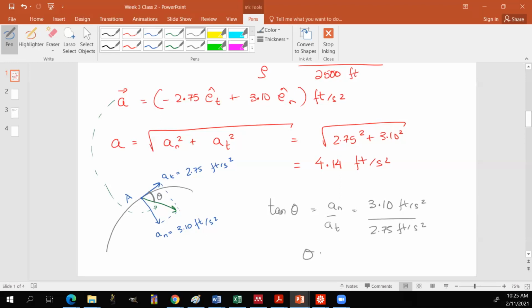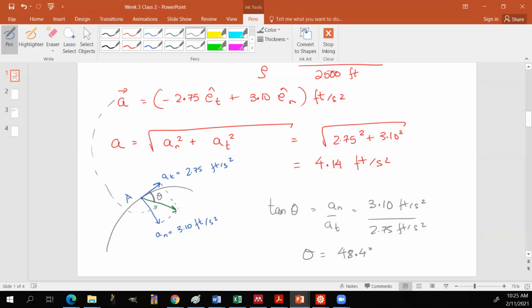So what does theta come out to be equal to? Yeah, 48.4. 48.4 degrees, right? And that gives you the complete solution.